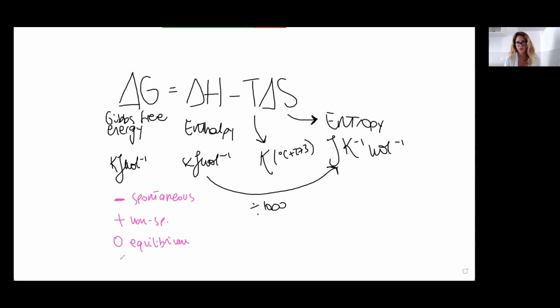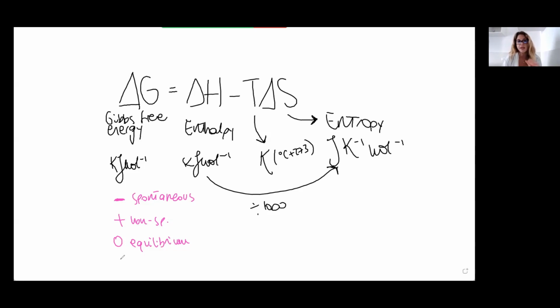Spontaneous, let's think about why. It's an energy and it's negative, which means that energy would be released. Think about exothermic reactions, where energy is released. So this means that there is no extra energy required, at that specific temperature, which is very important, for the reaction to actually take place.